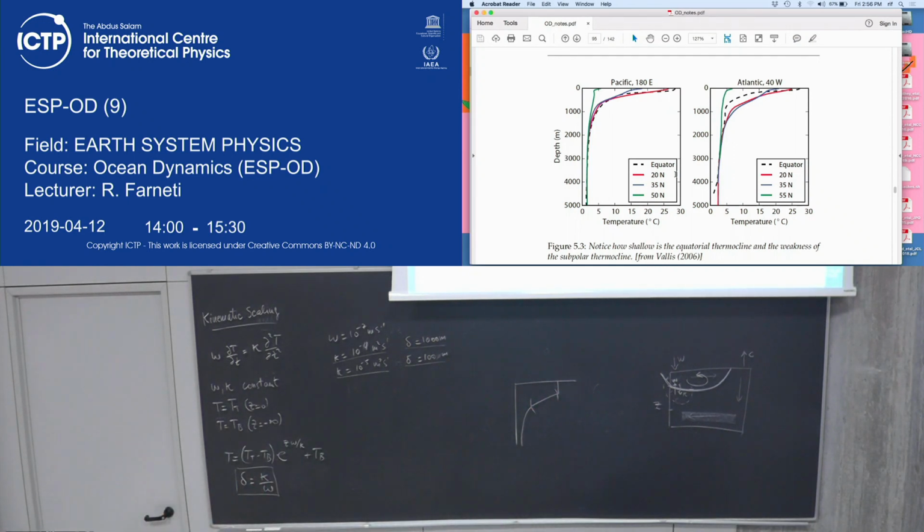You can decide that the thermocline finishes here or here. Then you can look at the pycnocline, the halocline. You can set the thermocline depth to whatever. But the point here is that it's an upper ocean thermocline. It's on the order of 1,000 meters.